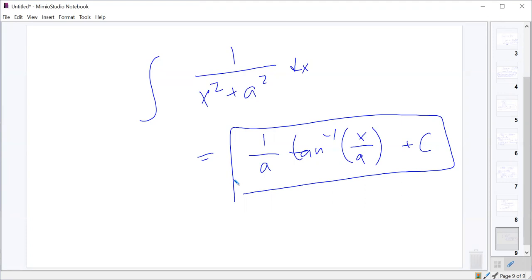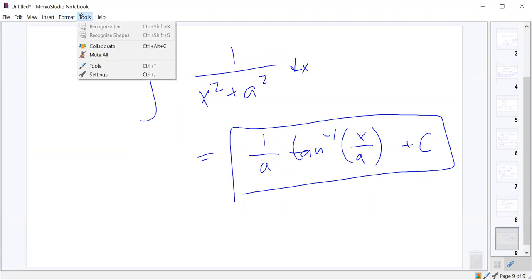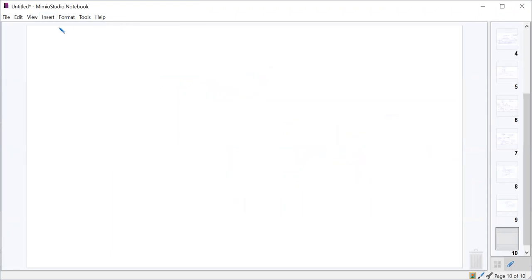We should talk about this real quickly. We had the integral of, what was it, 1 over x squared minus a squared. This one we talked about.